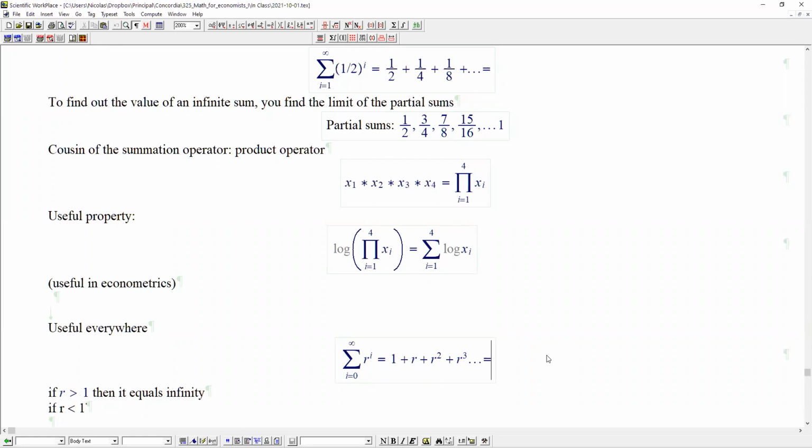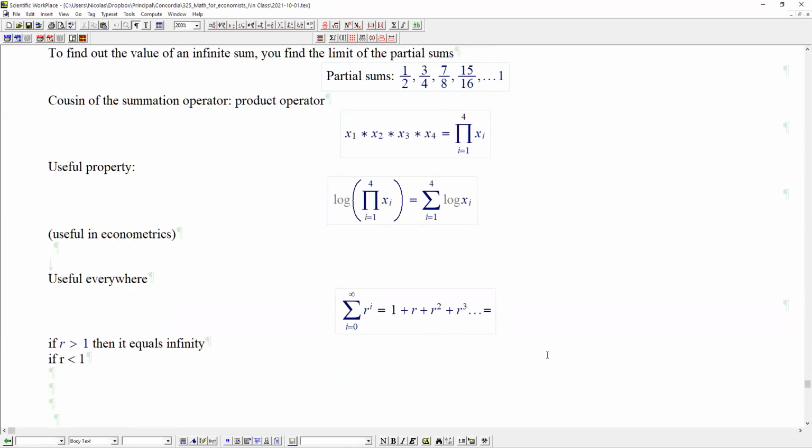You write that the sum S equals this. Then R times the sum equals R plus R squared plus R cubed plus R fourth, and so on and so forth.